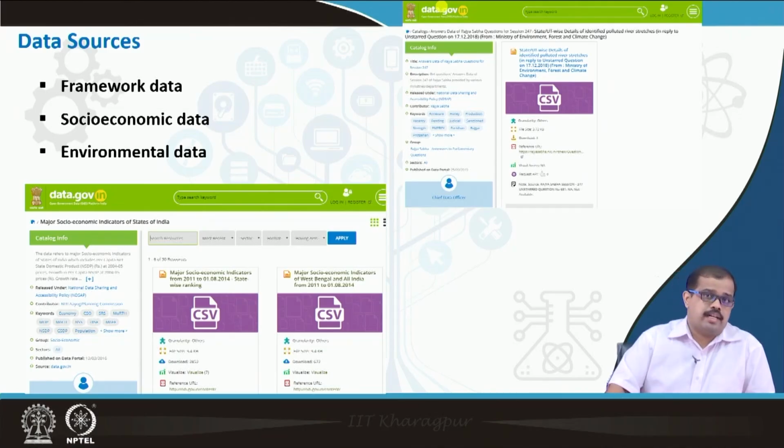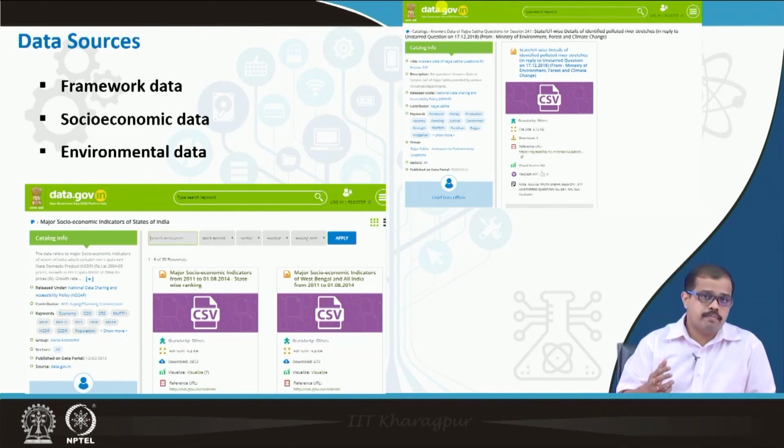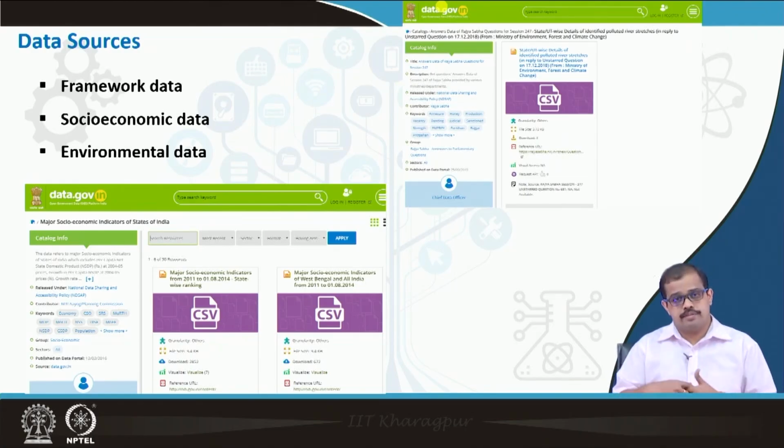If not, please have a look at this particular website. It has extremely good data sets, or the data that has been collected over a period of time, and this has been made open for the public. There may be certain data sets which are actually outdated, but these are also extremely important where if you have certain data sets which are old, so that they give you temporal information.